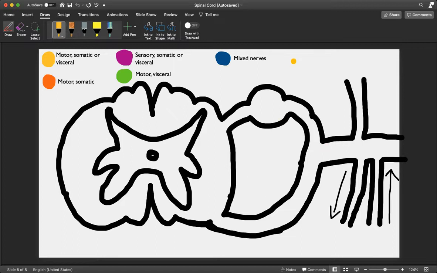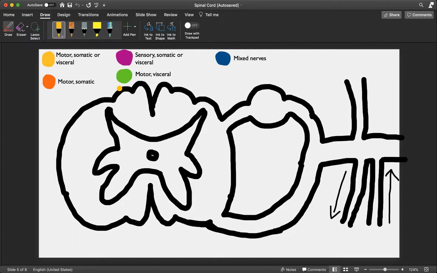Before we get into showing what information moves through which parts of the spinal cord, I want to just highlight this key that we have up here. I'm either dealing with motor, somatic, or visceral, which means that the information traveling through that specific part of the spinal cord can either be motor somatic, motor visceral, or motor somatic and motor visceral.